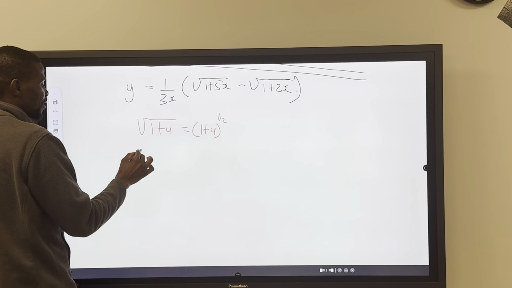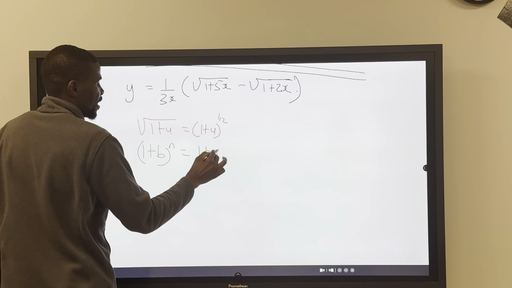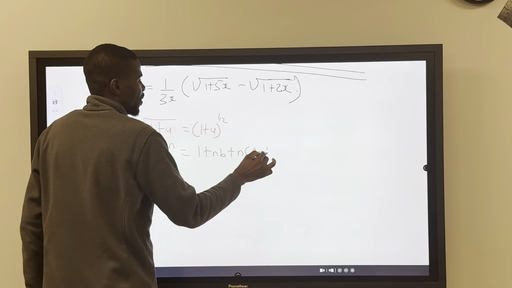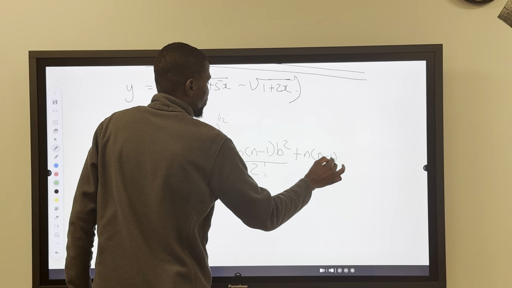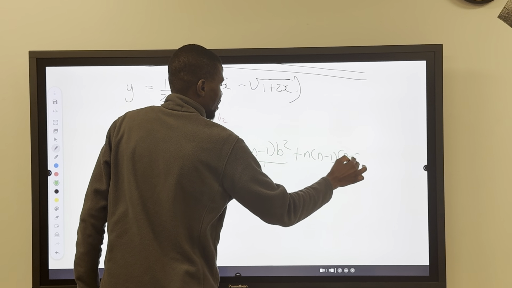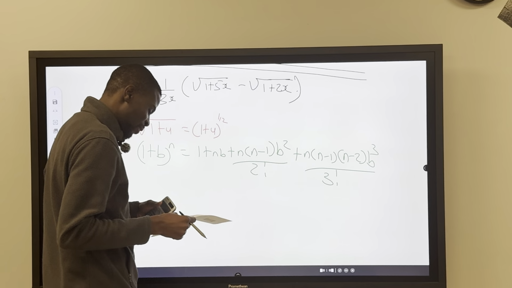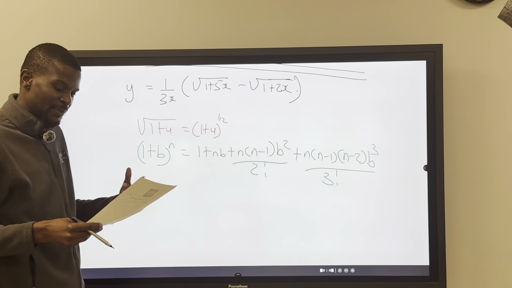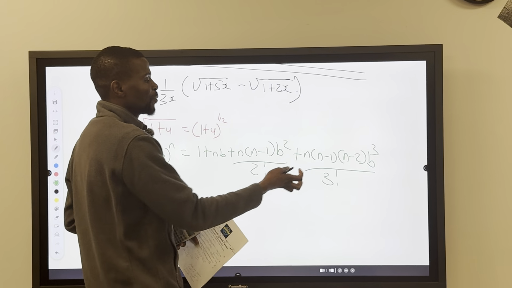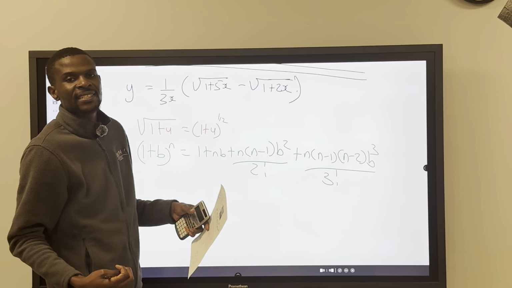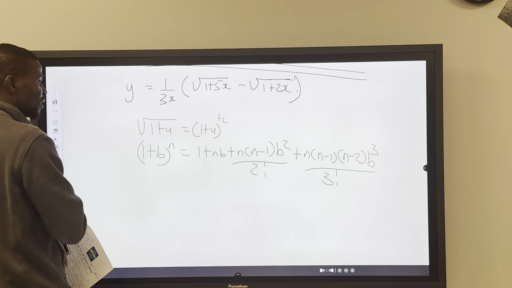So we are going to expand using 1 plus b to the n power, which is 1 plus nb plus n minus 1 b squared over 2 factorial. So here we are going to stop at b cubed, because according to the question, we are supposed to expand up to the term in x squared, but remember, we will divide by x. So if we expand up to x cubed, when we divide by x, we come back to x squared, right? So let's go ahead and expand this.